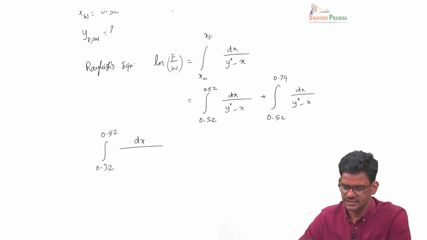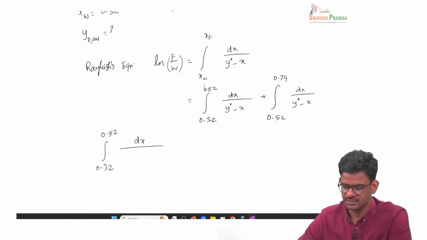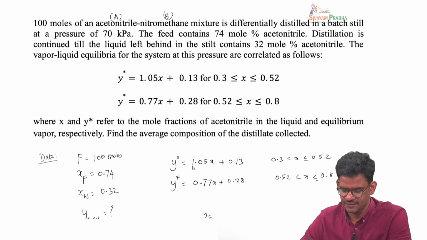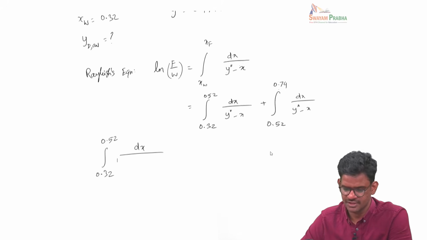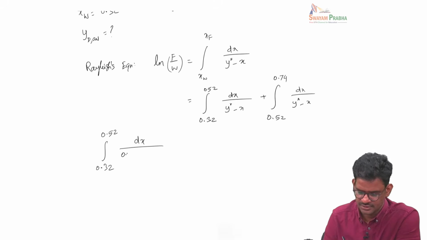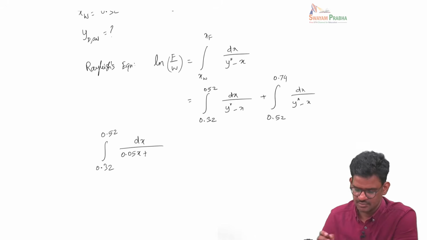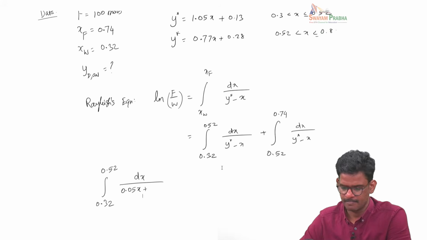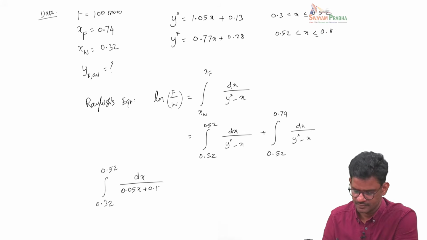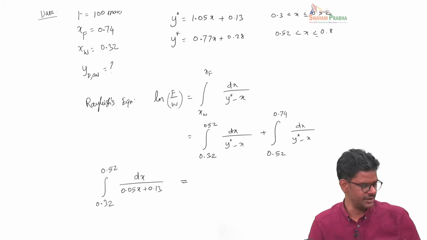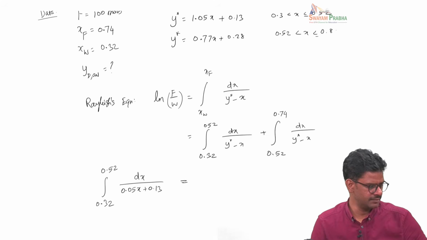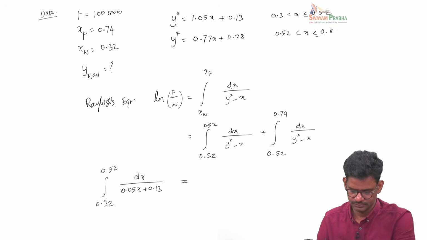Here, to get y star minus x we will use this relationship. So, y star minus x is 0.05x plus 0.13, and the integral of this will give you 1.325.